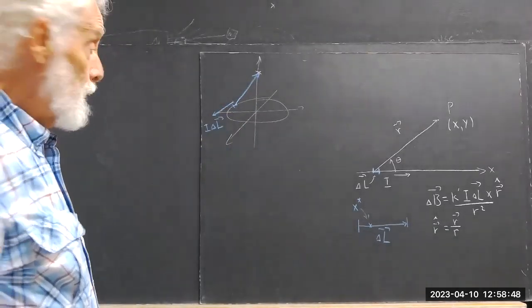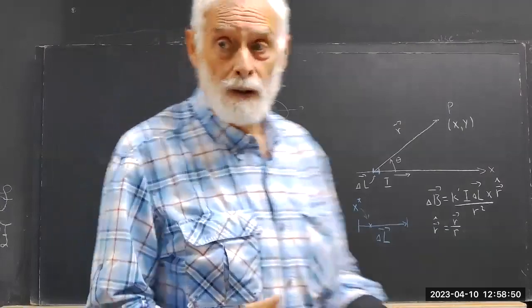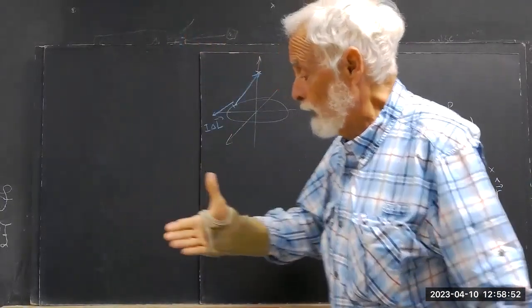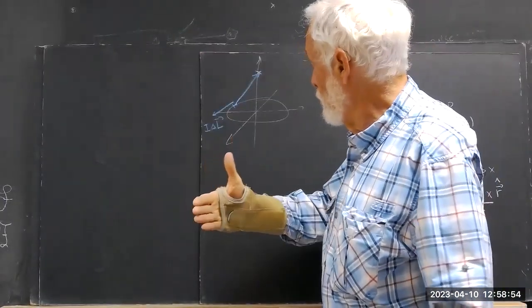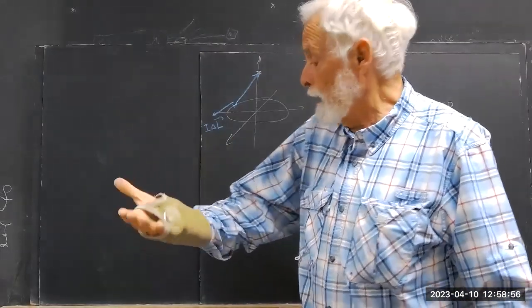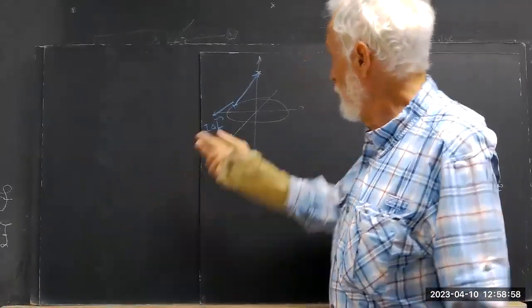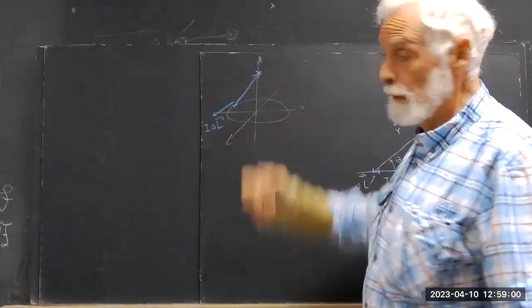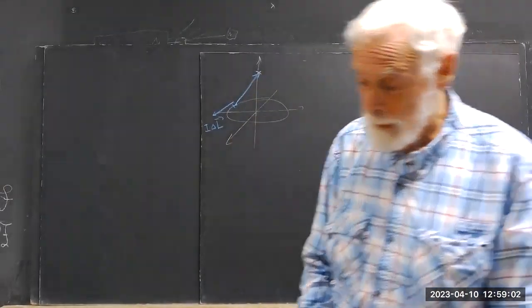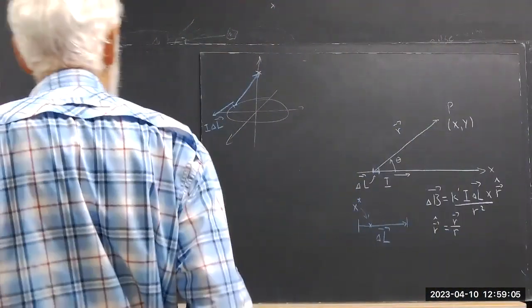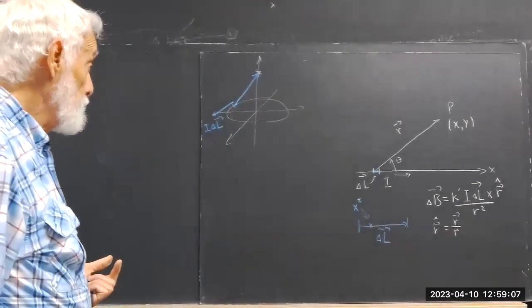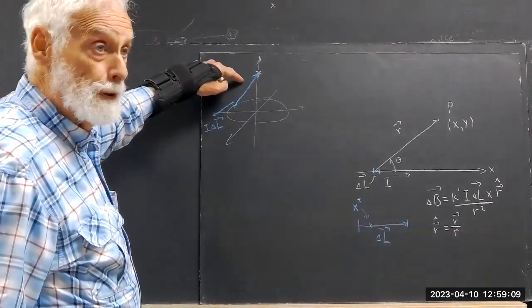And then when I do the cross product, it makes a certain amount of sense. That corresponds to the current in this direction. I've got to turn my hand so that I can turn this vector into this one. Also, it should be obvious from the geometry of this thing that the vectors are perpendicular.